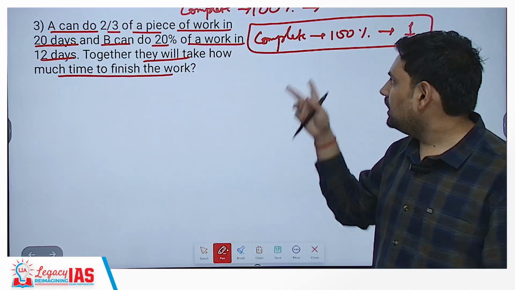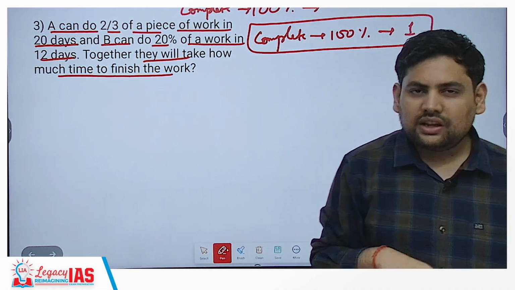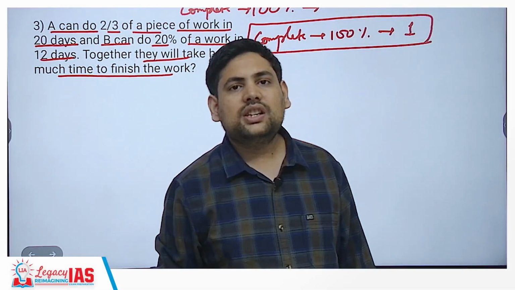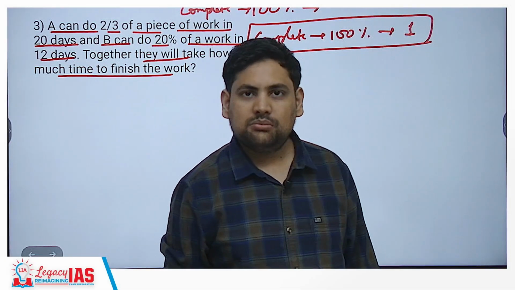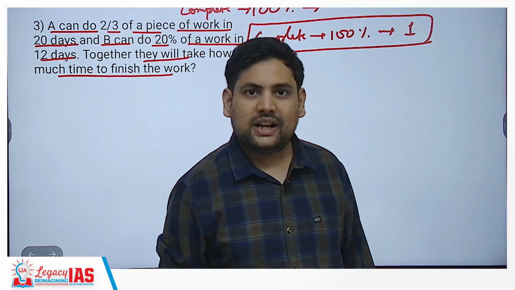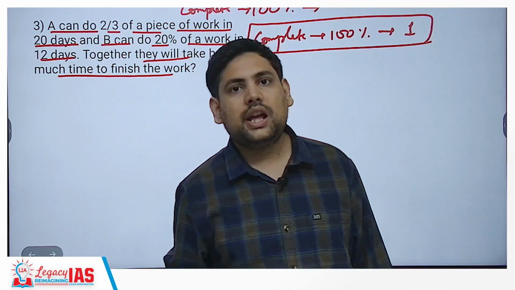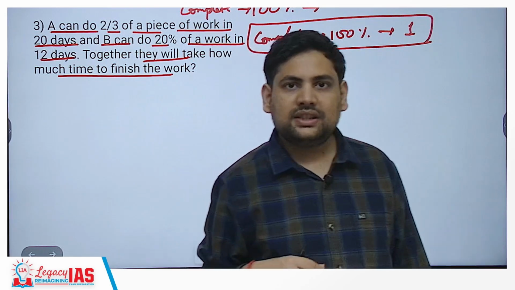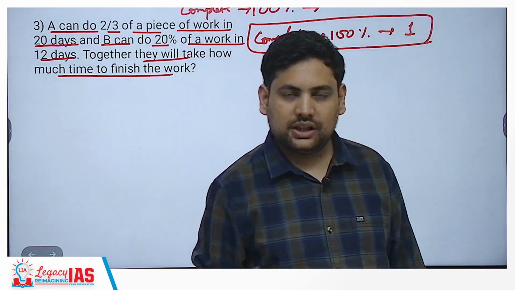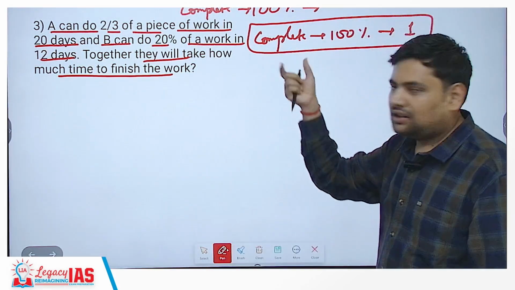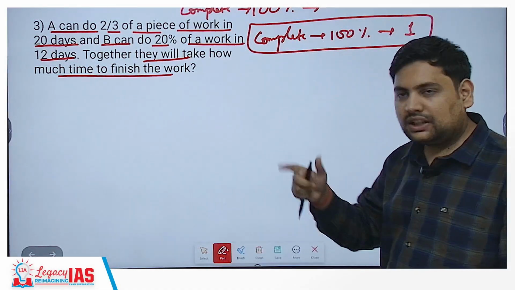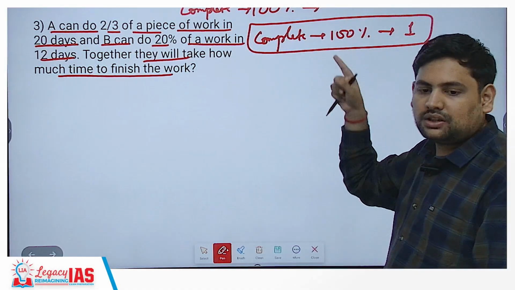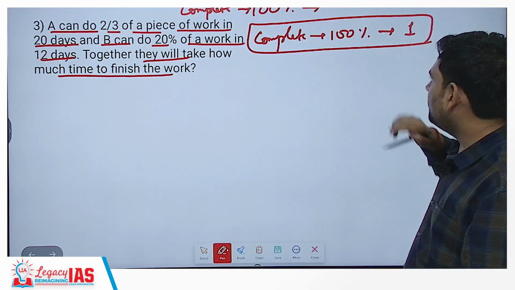Correct? Like we say, how many marks did you get? I have done 100%. That means I have completed the entire paper. Now I have given my 100%, that is I have given my complete effort. So a work that is completely done is equivalent to 100% or in fraction it is equivalent to 1.